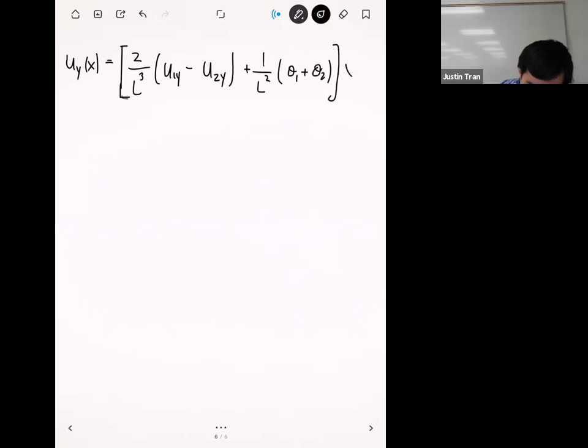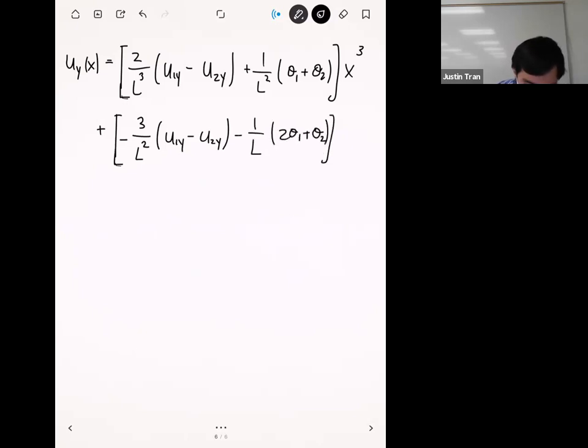All of this is multiplied by x cubed. That entire thing right there was A3. Next we have minus 3 over L squared multiplied by u1y minus u2y, minus 1 over L times 2 theta 1 plus theta 2, square bracket.